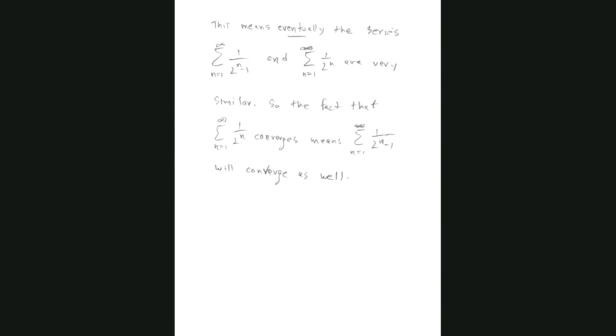This means eventually that these two series are very similar, because the terms of the series we're interested in will eventually be basically equal to the terms of that convergent geometric series.